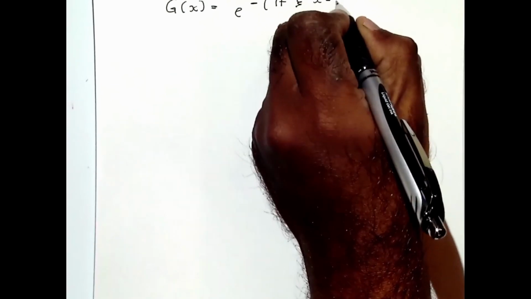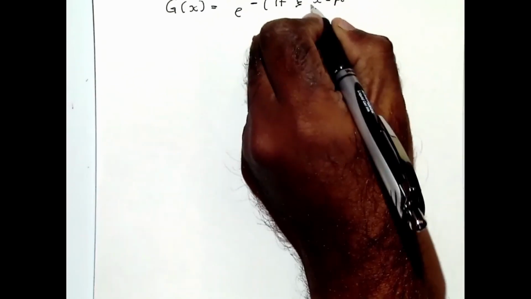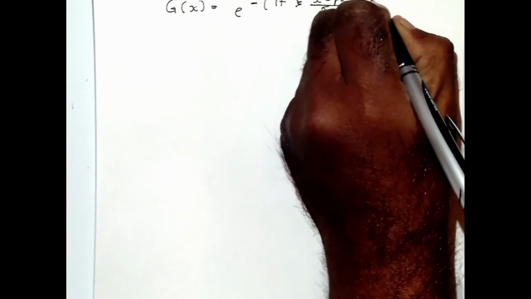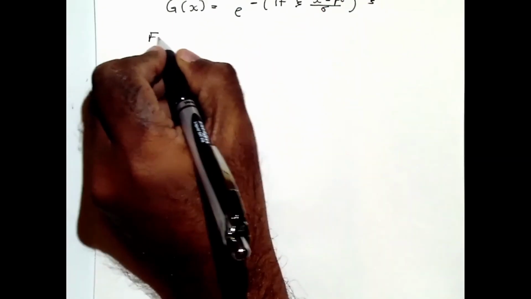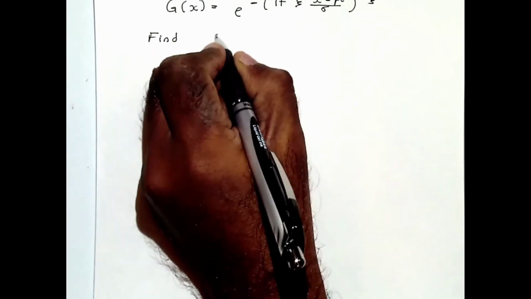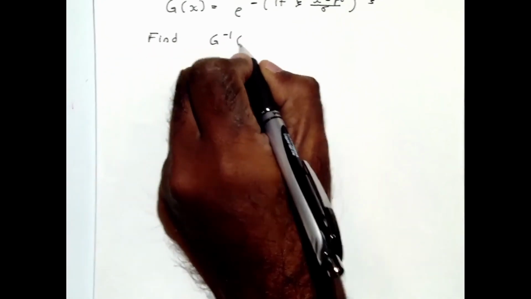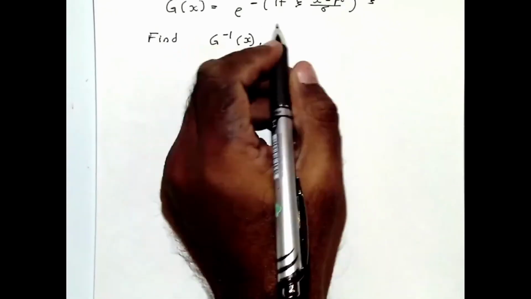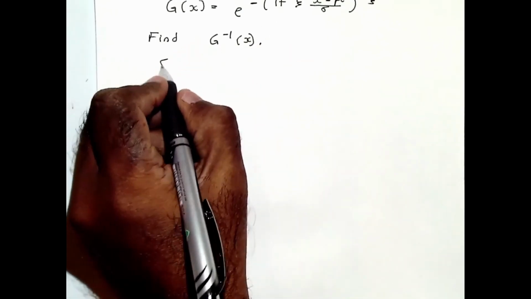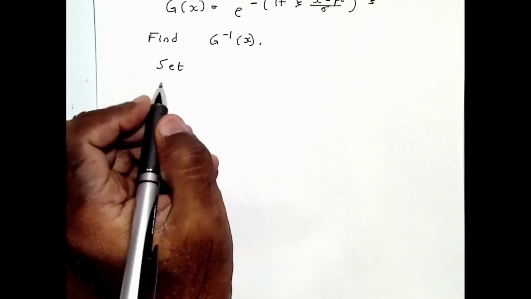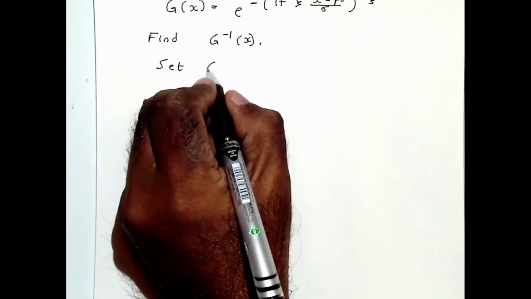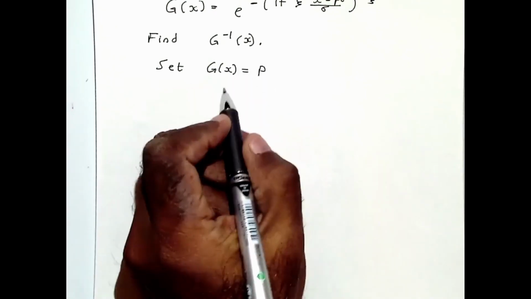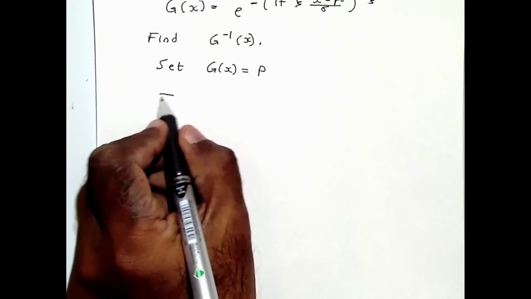And the question is to find the inverse function of the CDF. Alright, so I'm sure all of you know how to find an inverse function. You set g of x equal to p and solve for x in terms of p.